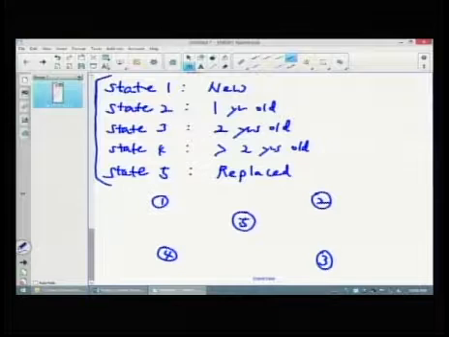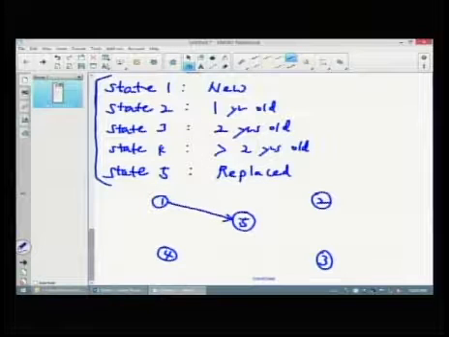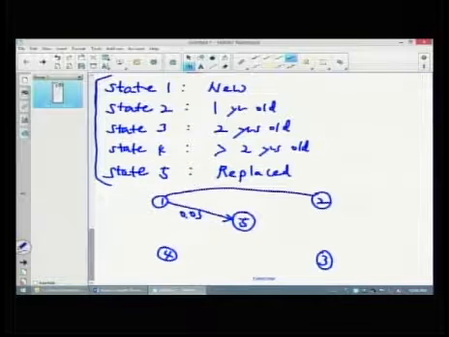Okay. So starting from a new refrigerator, 3% of chances it will be replaced. Right? So we have 0.03. Otherwise, it becomes a 1 year old machine, right? So we have 0.97.